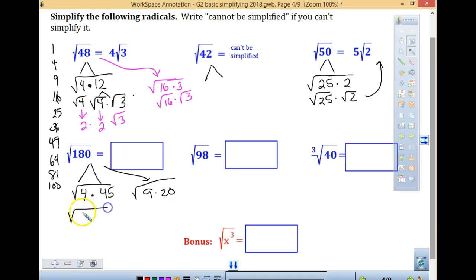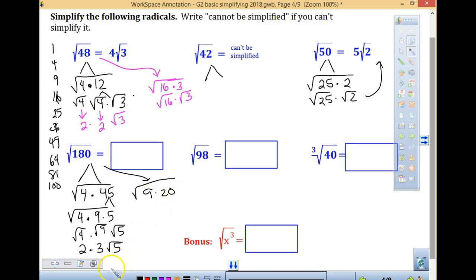So if I go with 4 and 45, I have 4, but 45, I can factor it further. What's a perfect square that goes into 45? 9 times 5, okay? So at this point, I have square root 4, which equals 2. I have square root 9, which equals 3, right? Square root of 9 is 3. And I have square root 5, which I can't simplify, so 6 square root 5.